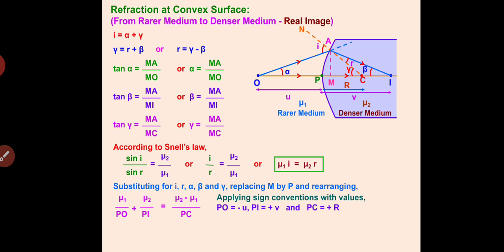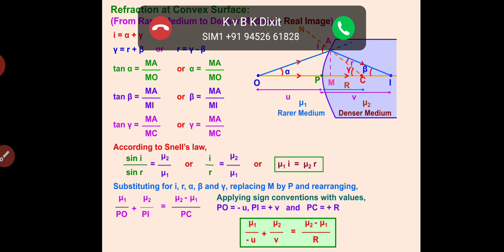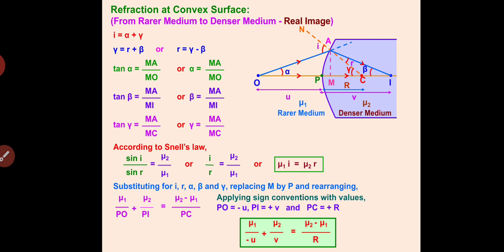Substituting these values, we get this result very easily. This is the relation between u, v and r: mu1 upon minus u plus mu2 upon v equals mu2 minus mu1 upon r. This relation is known as the relation for refraction at a spherical surface.